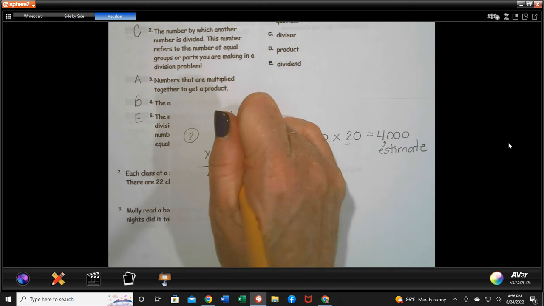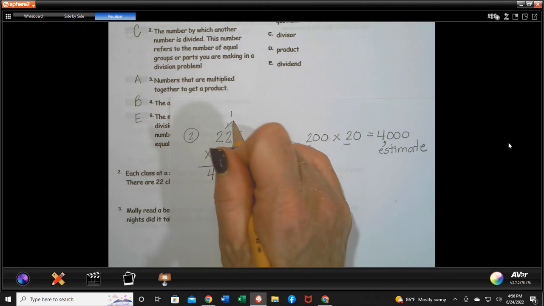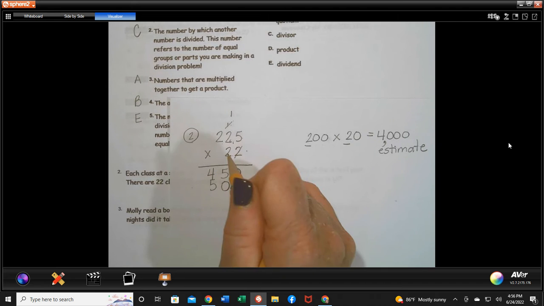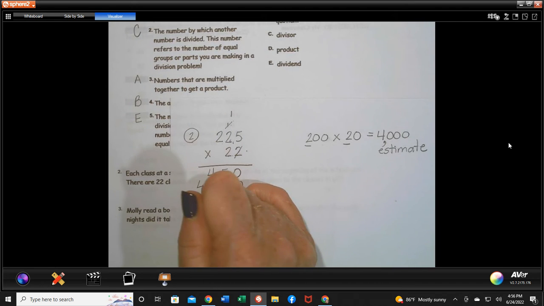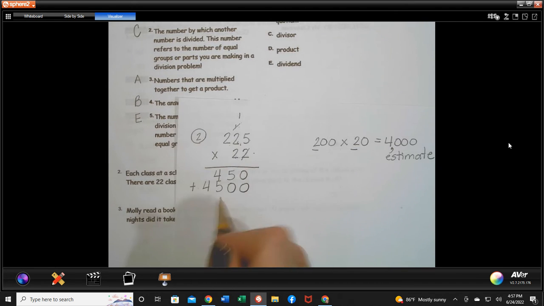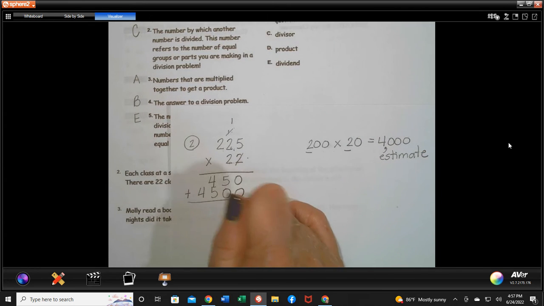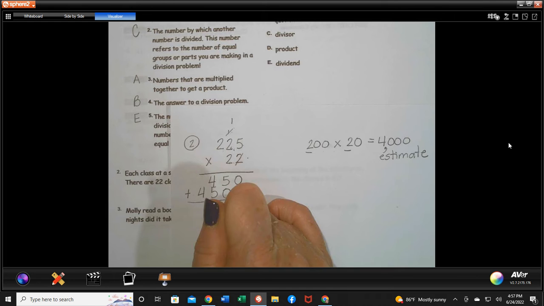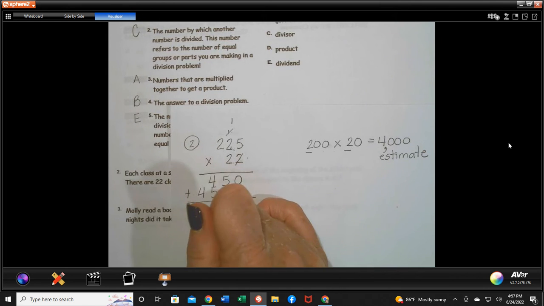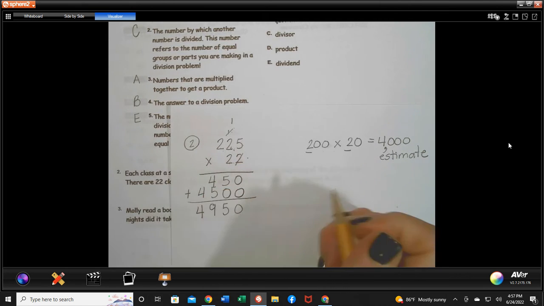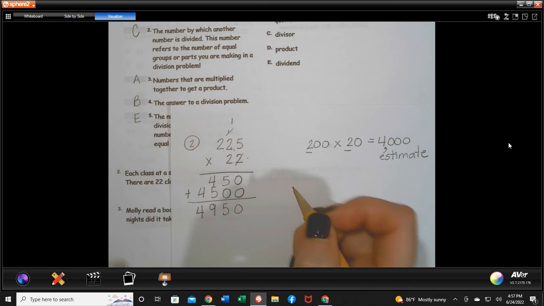We regroup the 1. 2 times 2 is 4, plus 1 is 5. And then we move over to the hundreds. 2 times 2 is 4. We add our partial products together. So we get 0, 5, 9, and 4. All right, so you had to enter your answer here.